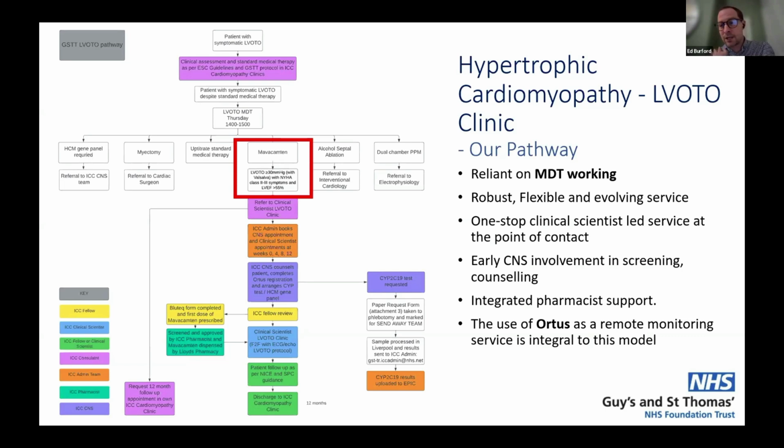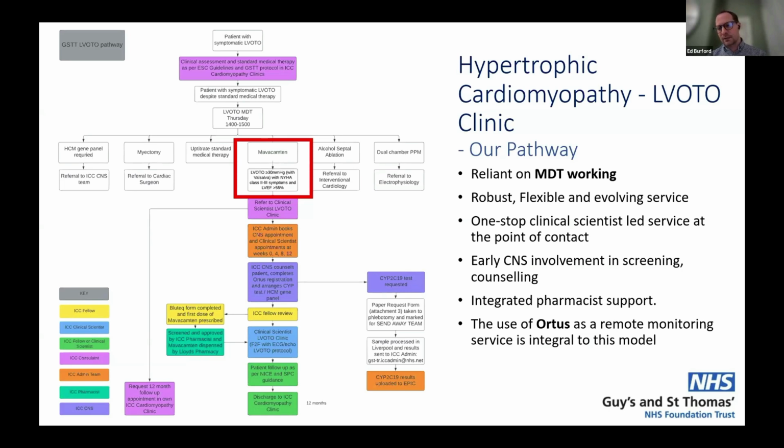And this pathway is heavily reliant on MDT working. As we know, it needs to be robust, but also flexible, and it's evolved over time as guidance or pathways have changed. We developed a one-stop service with a clinical scientist-led visit, where they come in for a single point of contact and have their assessment, including clinical assessment and echocardiography, in one visit.